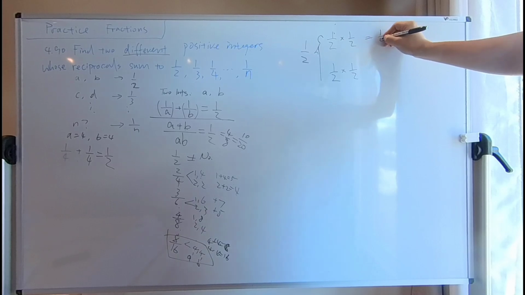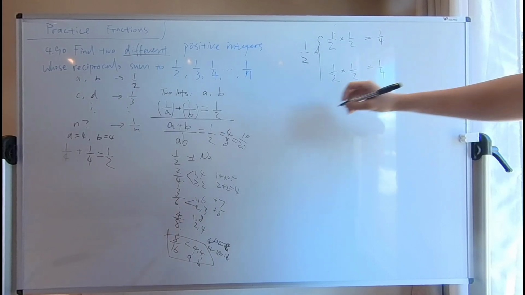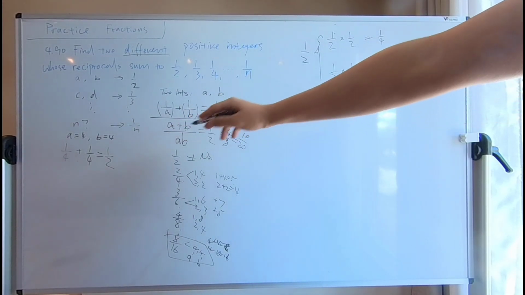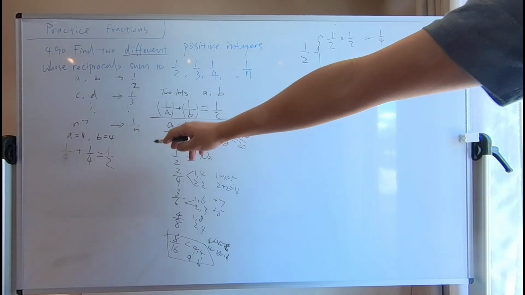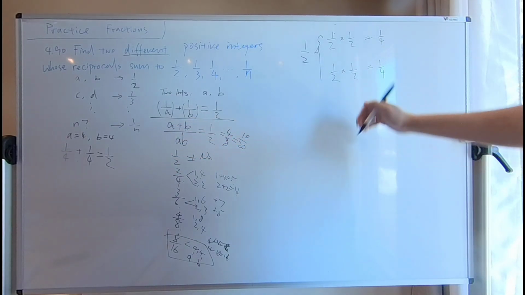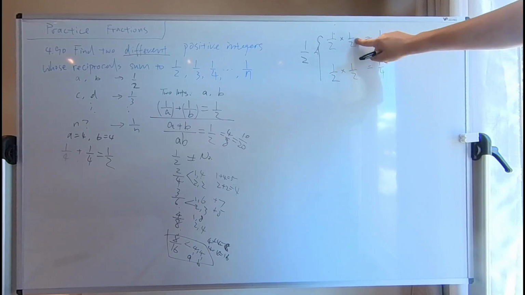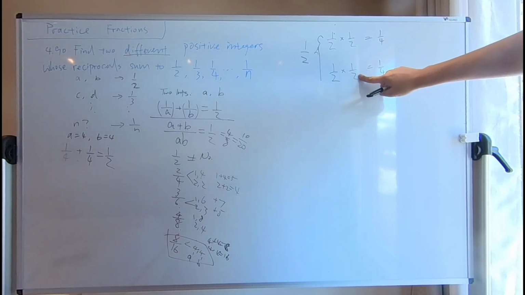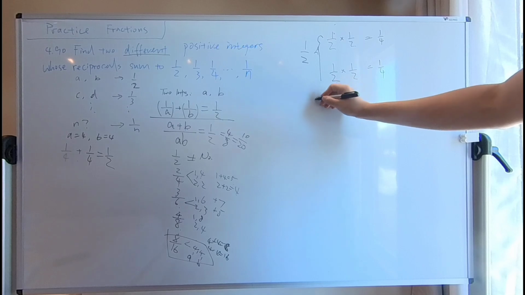This gives you 1 over 4 and 1 over 4. This is another way to express how we get the fourth solution, but it is one of the possible ways to get a solution. So now, if I cannot do this half and half, can I still find a way?